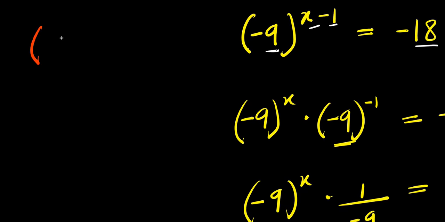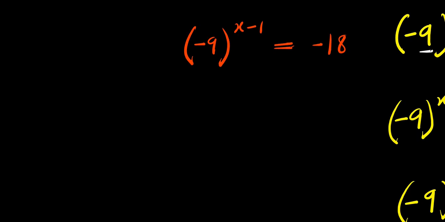So we have negative 9 to the power x minus 1 equals negative 18. And right here, what we can do will be to apply the same identity: a to the power m plus n equals a to the power m times a to the power n.